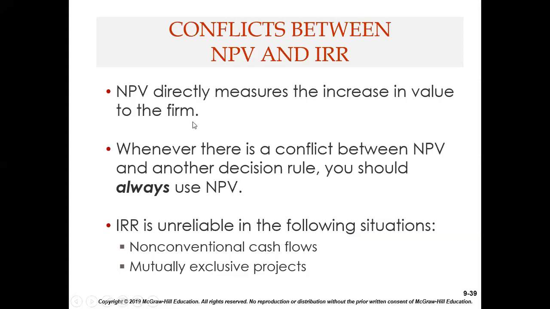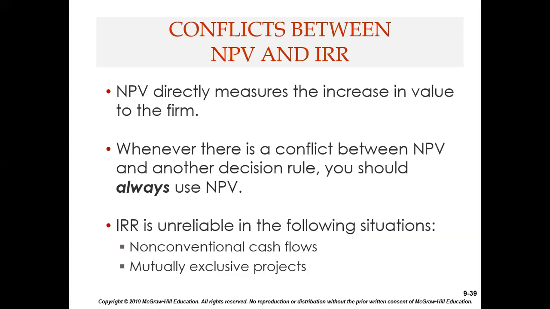So net present value directly measures the increase in value to the firm. Whenever there's a conflict between this and another decision rule, you should always use net present value. So what this is saying is that the internal rate of return calculation isn't reliable here.